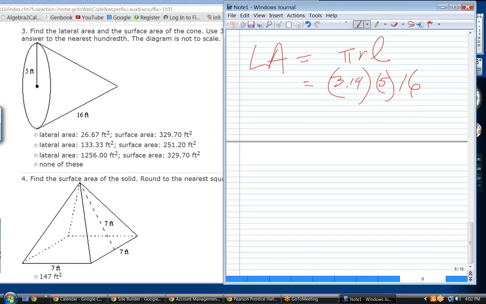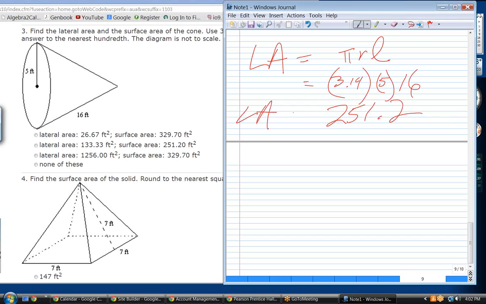You square the 5. Oh, no, you don't. It's just pi r L for the lateral area. So 3.14 times 5 times 16 gives you 251.2.